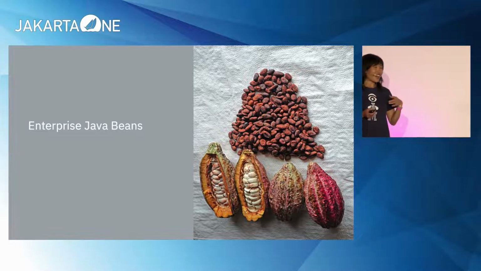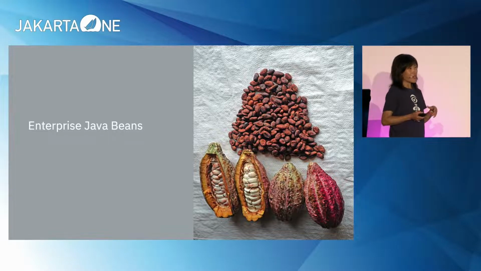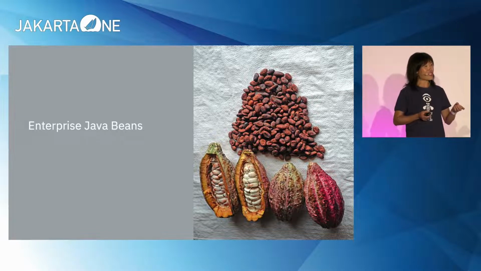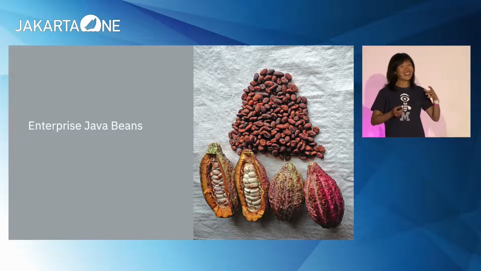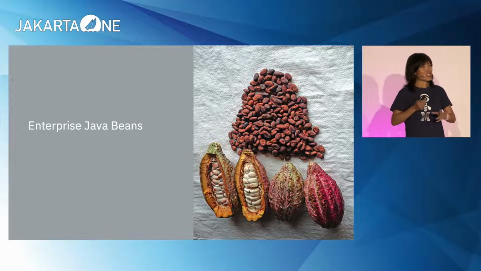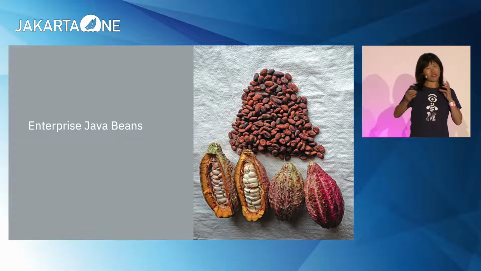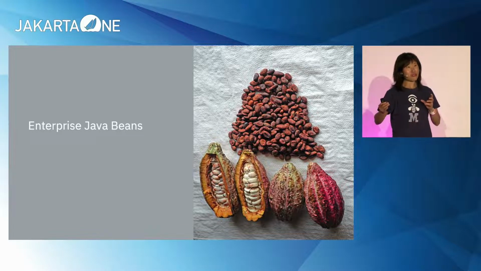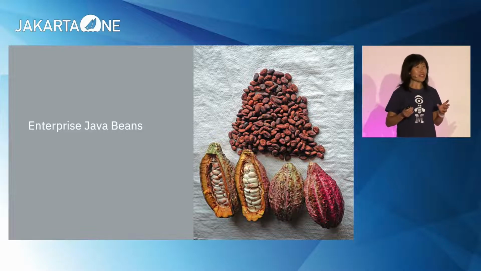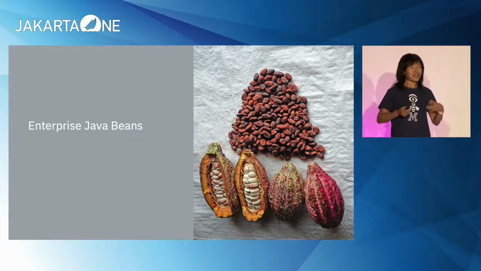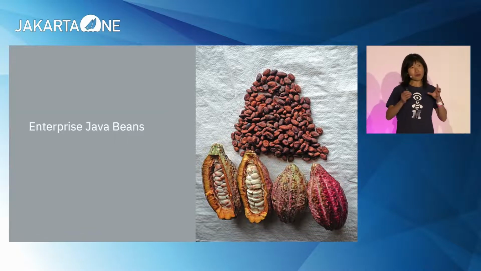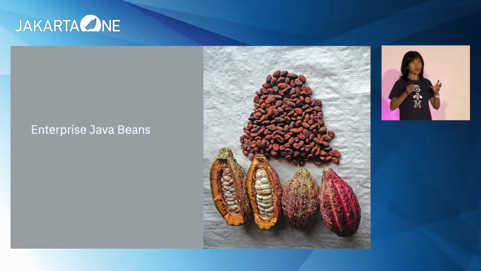I remember that when I joined IBM, I had to go on a course to learn about EJB. You have to use an IDE to generate stubs to be able to do the remote service calls. And it's very complicated. And the other thing is it's only a technology for Java. Actually, we want to do this remote call between services in different languages.